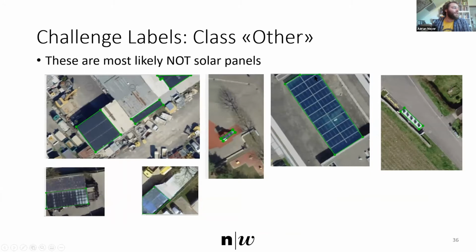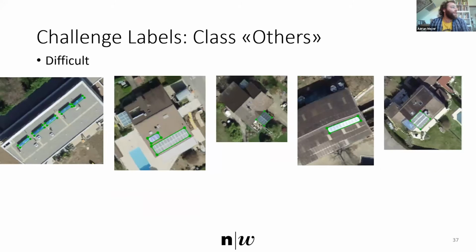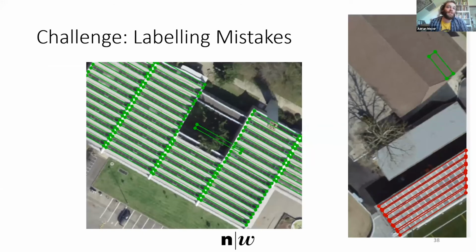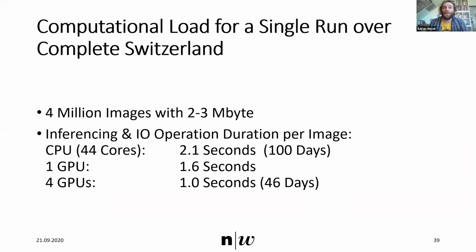Here, this is clearly a glass roof, but it fits the common type of segmentation that you would expect for a solar panel installation. So we also had to get a couple of experts that actually mount these things to validate our data sets for us. What is a panel, what is not one? Because there are really a couple of difficult scenarios here, and obviously there were a couple of labeling mistakes. So we do have to go back into our data set and clean that up a bit.